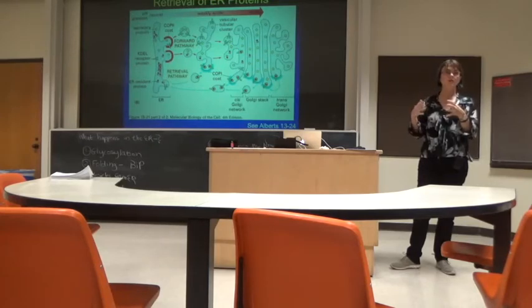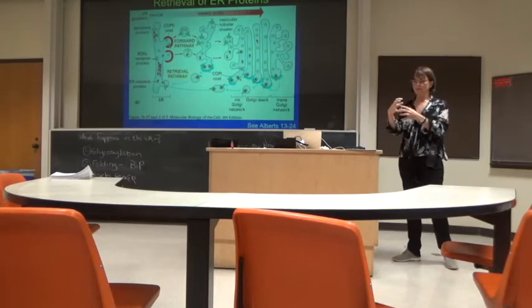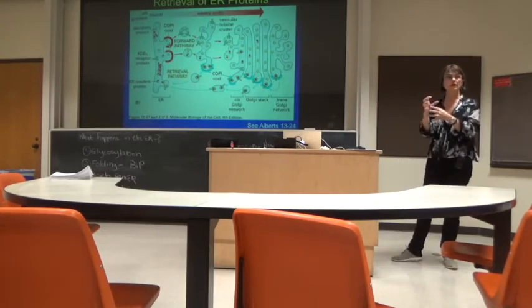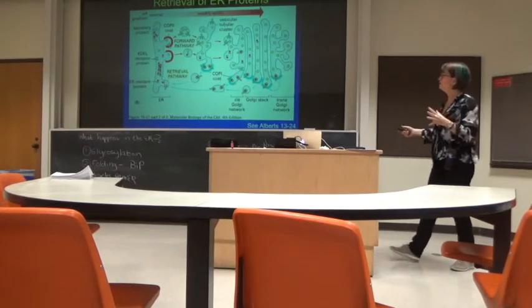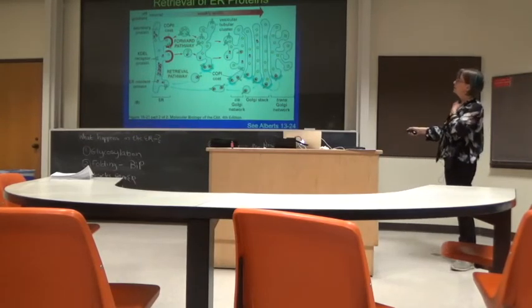It's just a couple of tenths lower pH in the cis Golgi, but that creates a conformational change where the KDEL binding pocket in the KDEL receptor will no longer bind to KDEL. And so it will release the KDEL.